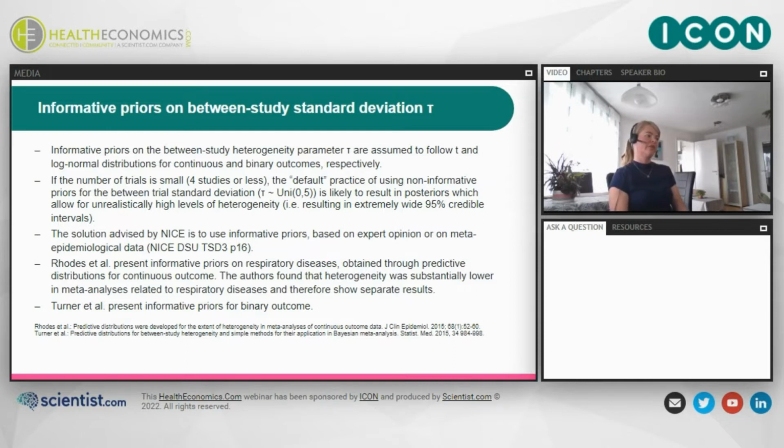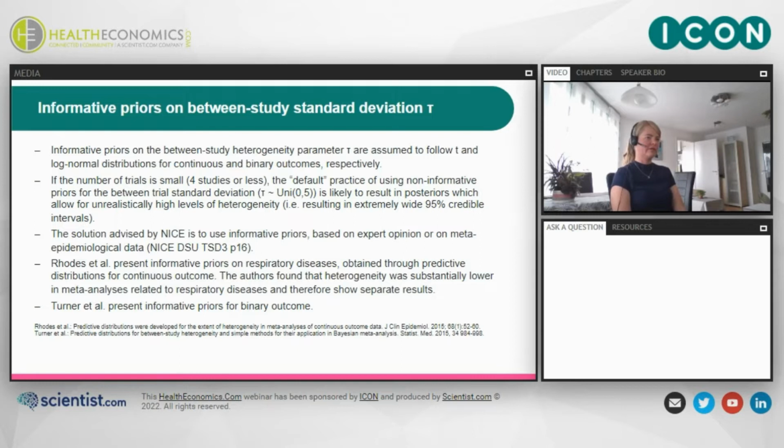So one option to work around this situation is to use informative priors instead. And there's literature from Rhodes et al. and Turner et al. presenting predictive distributions for continuous and binary outcomes, and the distributions can also be used for count outcomes.